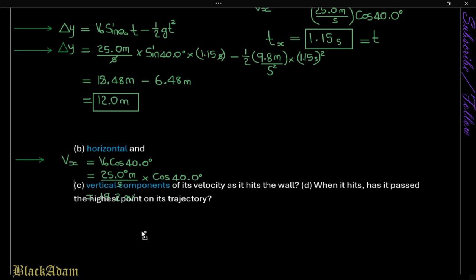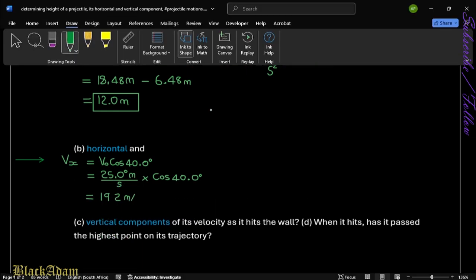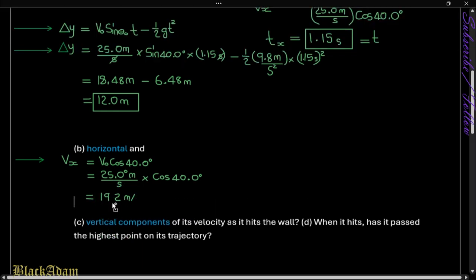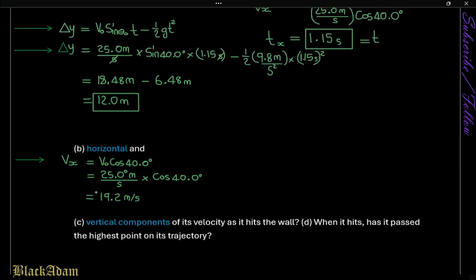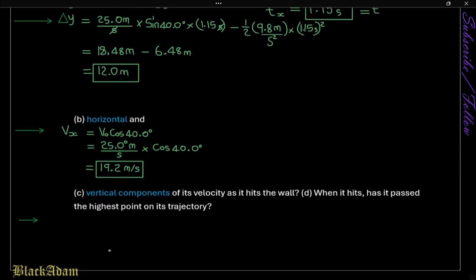Then we move on to the next question, which is the vertical component. The vertical component has the acceleration effect on it, since acceleration affects vertical movement. So Vy is the initial velocity multiplied by sine theta, minus acceleration multiplied by time.